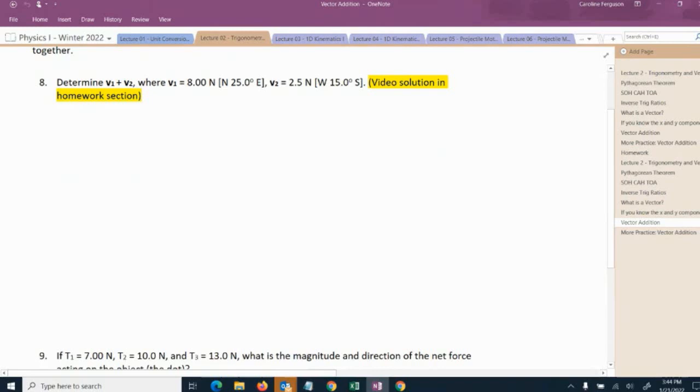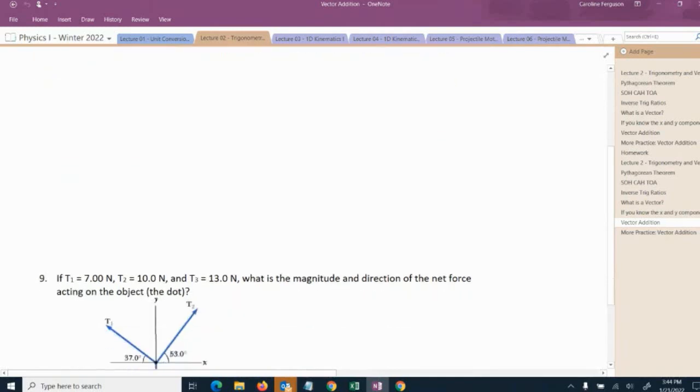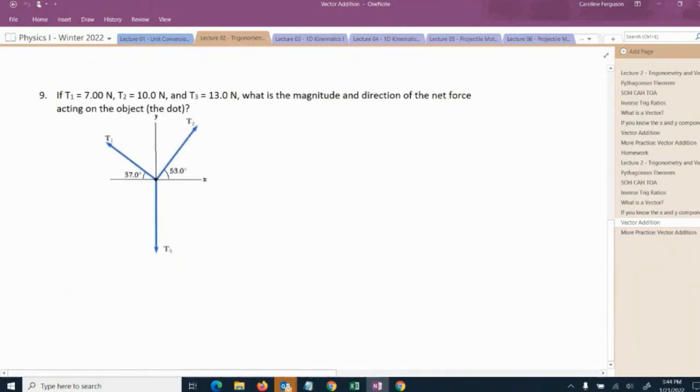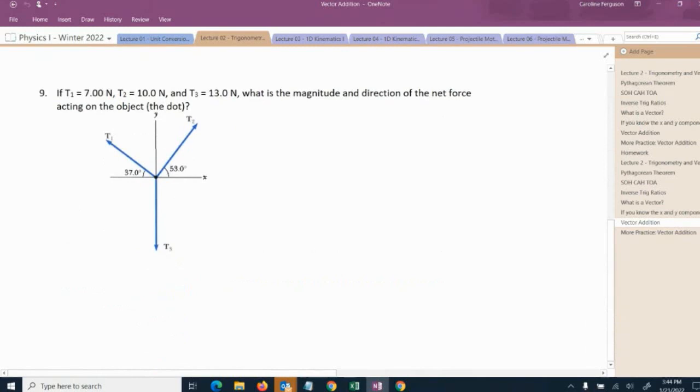So in Canvas, you'll see one of the items in the homework says this is a video solution for question 8. And that's what I'm skipping right now in lecture because you can just watch it yourself afterwards. Okay, so we're going to do 9 together. And then the last question after this is 10, which also has a video solution, so we're not going to do that together. Okay, so 9.